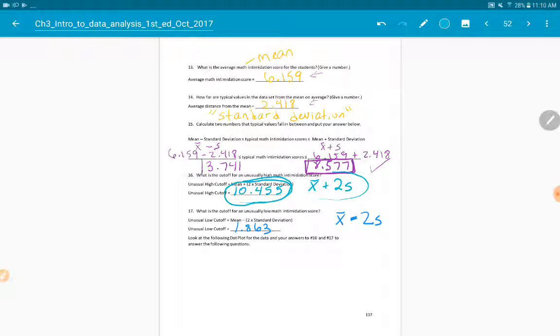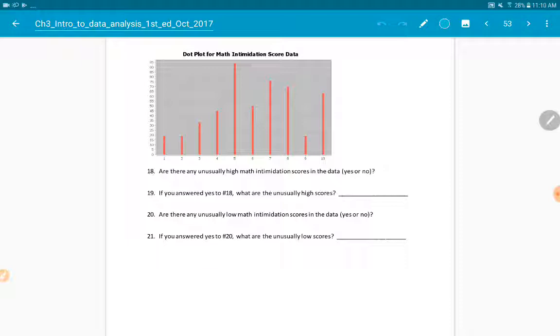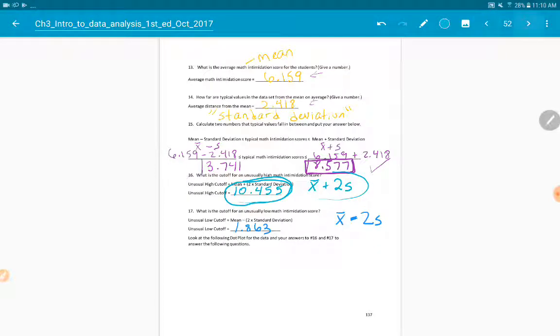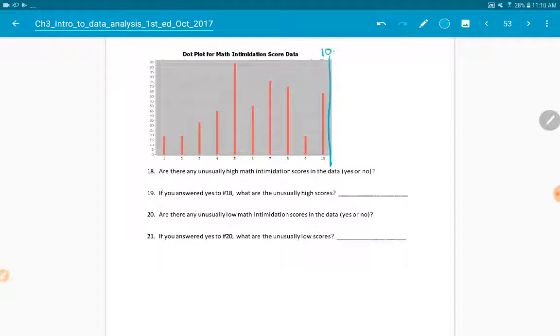That's the fence that tells me what would be considered high. Anything higher than that. So on my graph, I draw a line at about 10.455. And I see the highest dots are actually at 10. Now these dots are kind of funny because there are so many in each group that they just end up making a vertical line. But it's really just a bunch of dots going up that line. The highest dots were at 10. So there's nothing above 10.455.